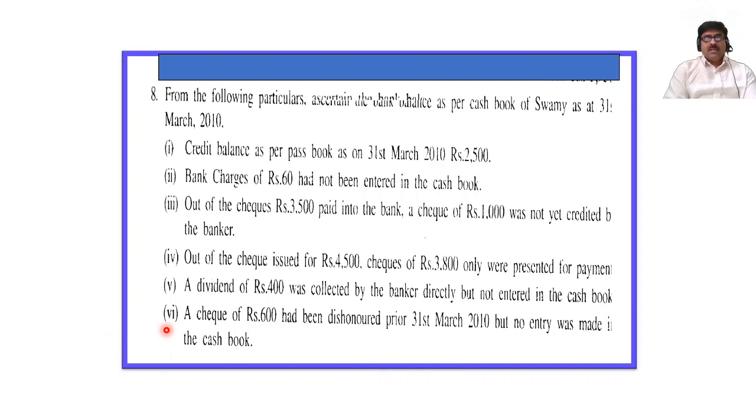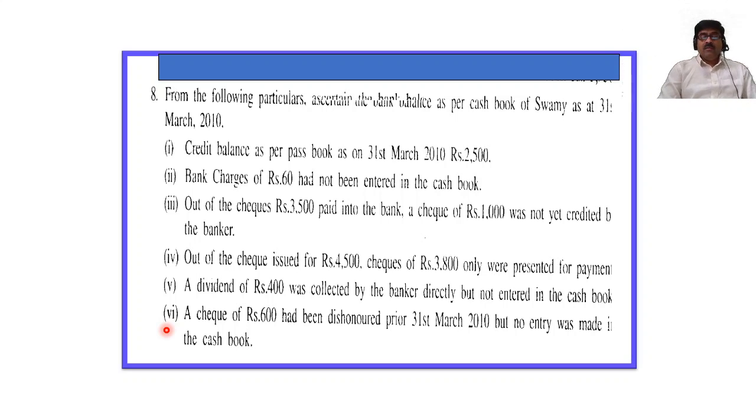Sixth one, a check of rupees 600 had been dishonored prior to 31st March 2010, but no entry was made in the cash book. Means a check when received is debited in the cash book, sent to bank, dishonored, means there is no effect, the bank neither debited nor credited.